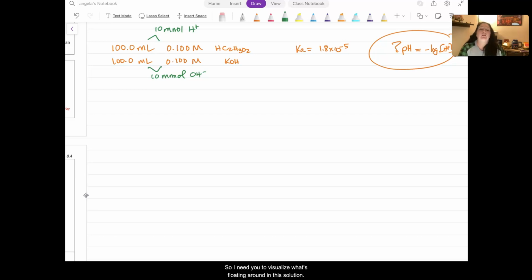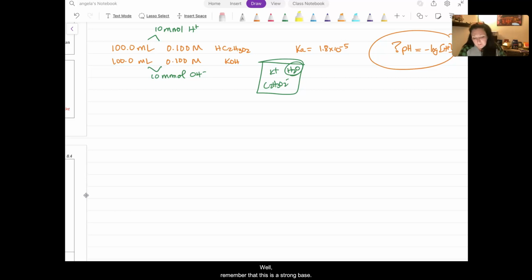So I need you to visualize what's floating around in this solution. You've got some K pluses, they're not doing anything. You have some acetate, and you have water. Okay, so we know that water can auto-ionize and split into H plus and OH minus.